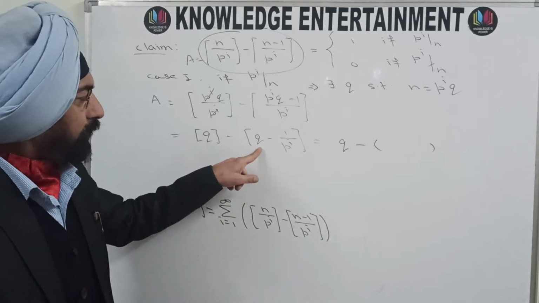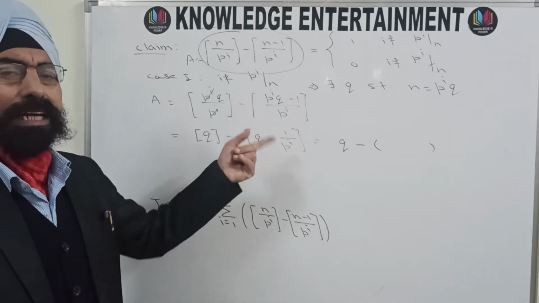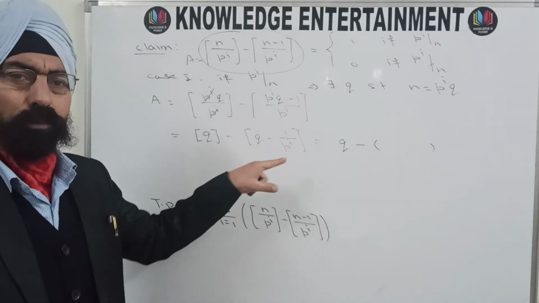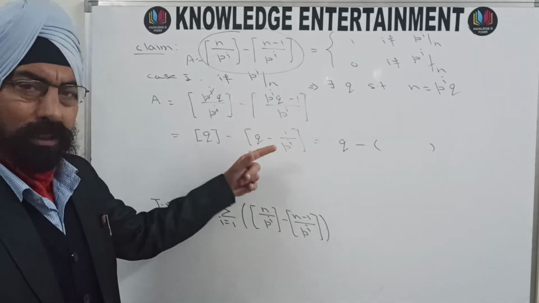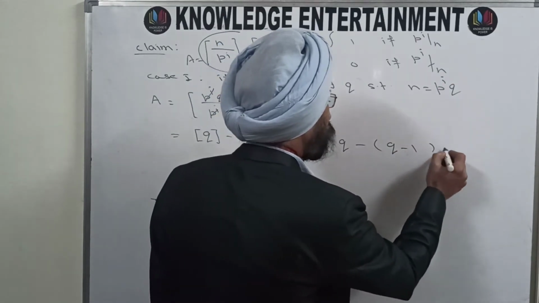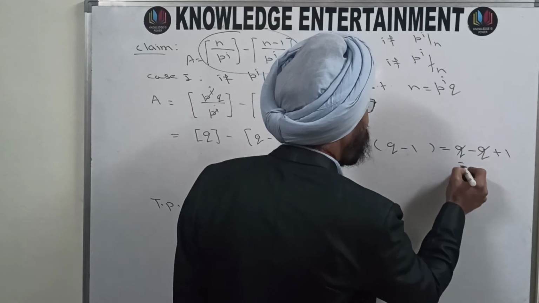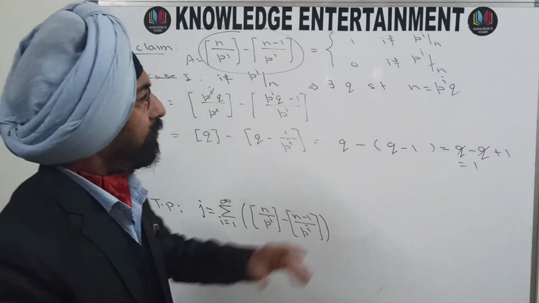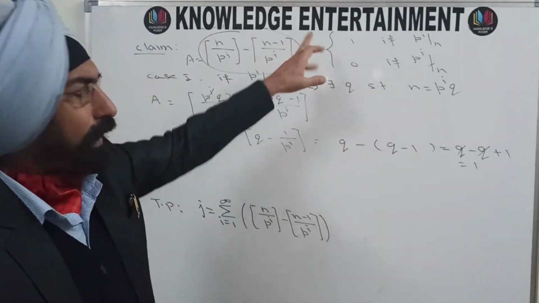So if it is 10, then 10 minus some fraction is 9 point something, and the box of 9 point something is 9. So if it is 10, the result is 9. If it is q, the result will be q minus 1. Solving it, q minus q plus 1, you will get equal to 1. That means whenever p^i divides n, this expression is going to be equal to 1. The first part we have proved.